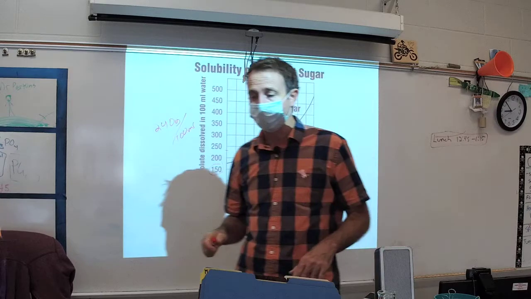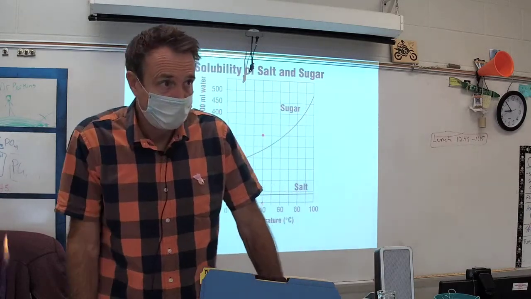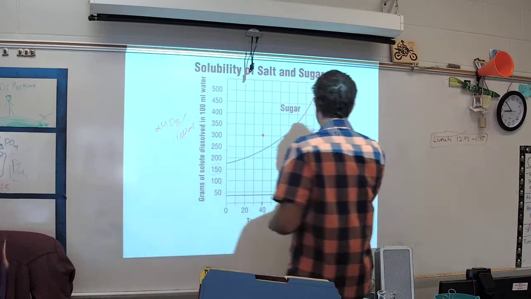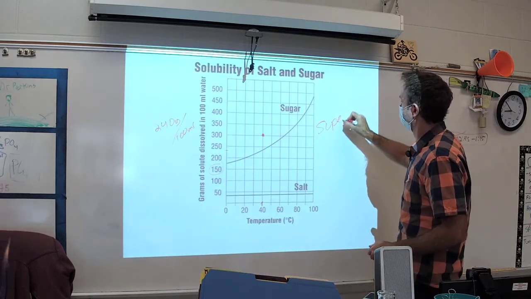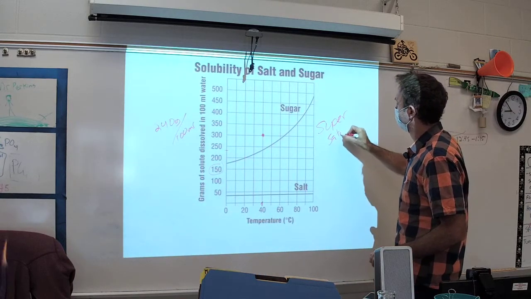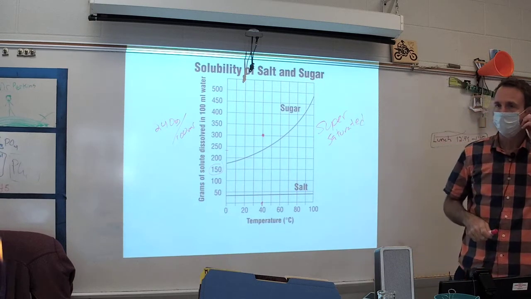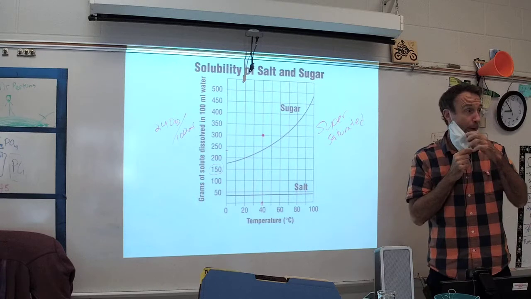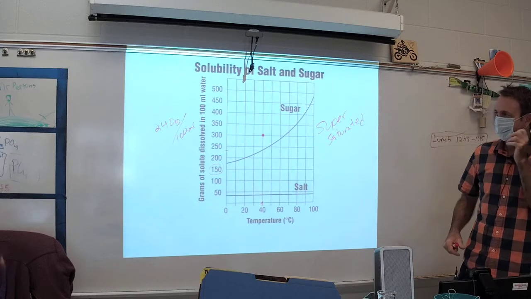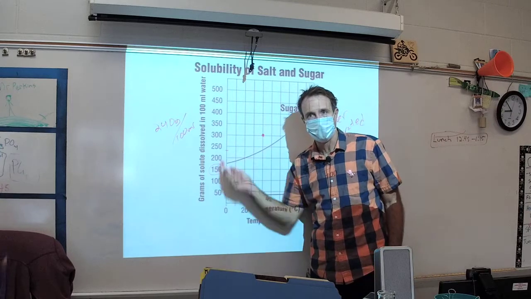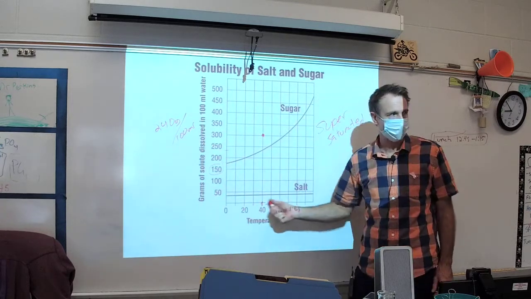Could we ever be above the line? Yes. And when you are above the line, you are called supersaturated. And that's basically every soda you've ever had in your life. Supersaturated. Okay.